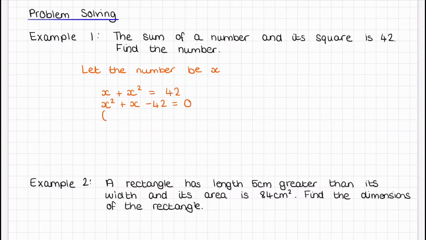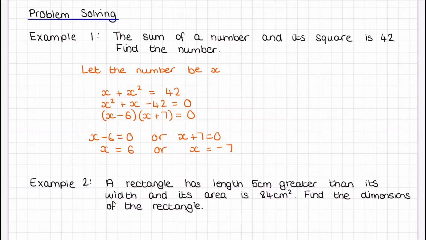Which means I can write those two numbers in my bracket. So then we know that x minus 6 will equal 0, or x plus 7 equals 0. So x will equal 6, or x will equal negative 7. So there are actually two solutions to this question.